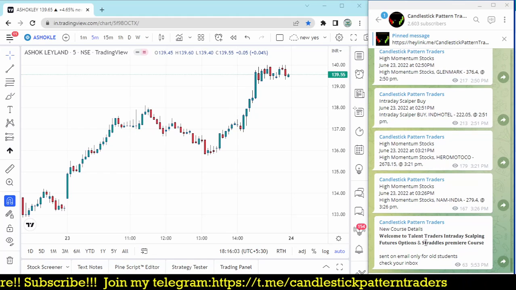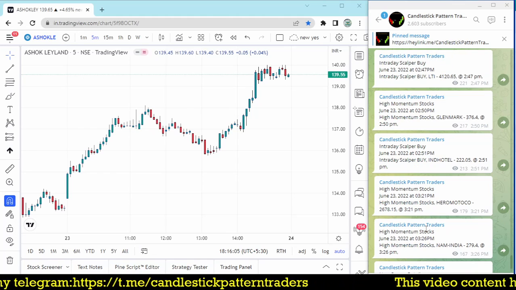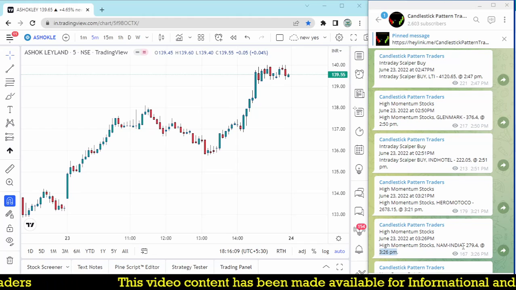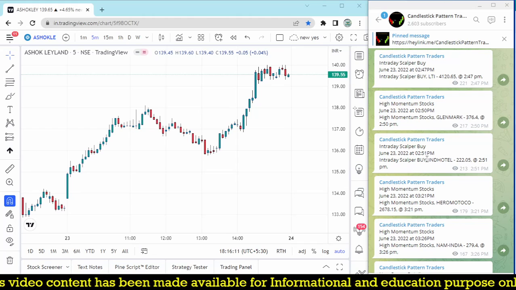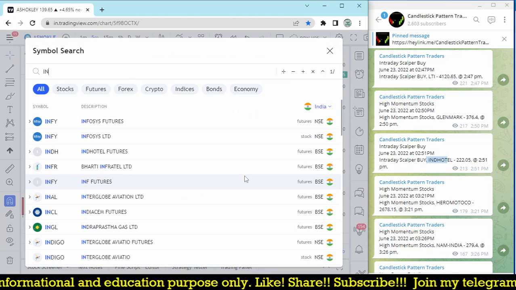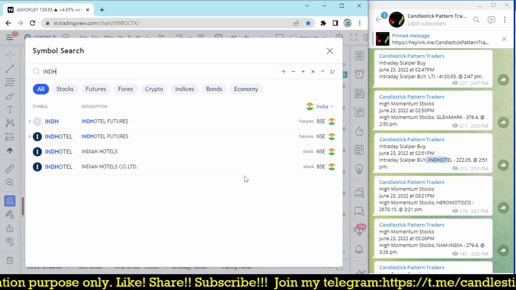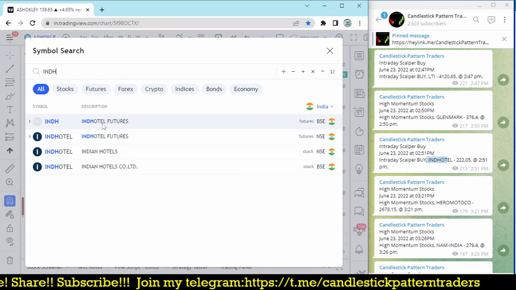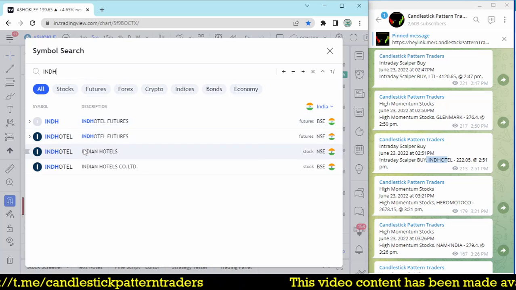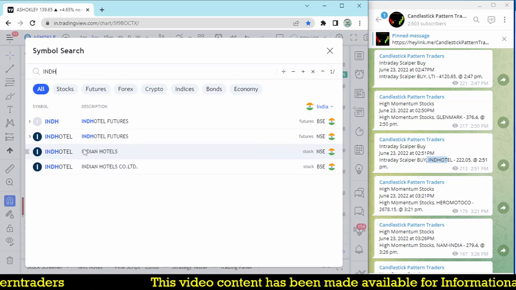Even this is the alert where it is simply sending you the alert. And finally you can see around 326.9. This is high momentum, but in total you can see 251. If I'm checking in total, this was happening around 2 o'clock, 251.